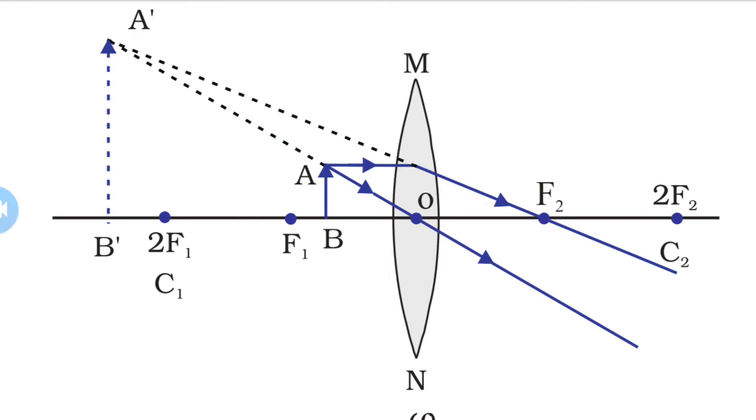The nature is virtual and erect, and the size of the image is enlarged, that is magnified. Here the image being virtual is shown by the dotted line, as shown in the figure. Here A'B' is a virtual as well as erect image, shown by the dotted line A'B'.